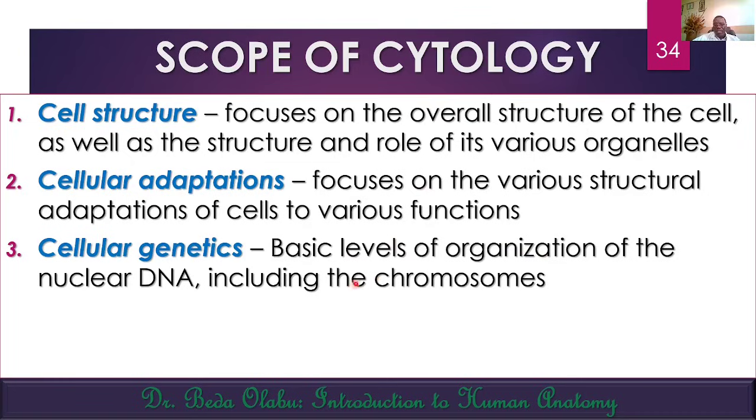Because in this unit of anatomy, there'll be some abnormalities of chromosomes that give us some structural abnormalities, and we want to talk about them. Perhaps that's why we bring cellular genetics into anatomy. Otherwise, anatomy is not the best place to study cell genetics. Don't study cell genetics in anatomy and then think that you know so much about genetics.